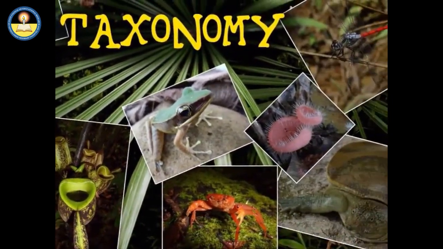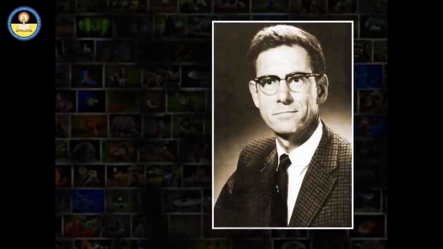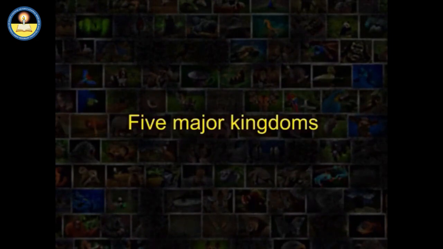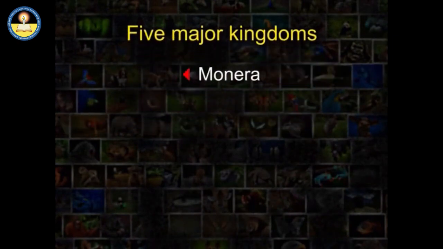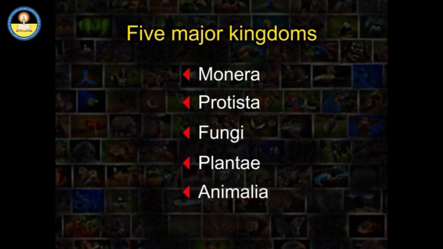Later on, the 5-kingdom system of classification was given by R.H. Whittaker, according to which all living organisms are subdivided into 5 major kingdoms, including the Monera, the Protista, the Fungi, the Plantae, and the Animalia.